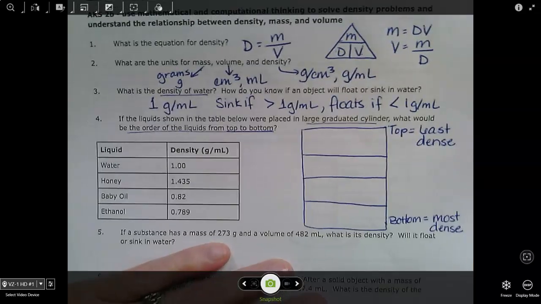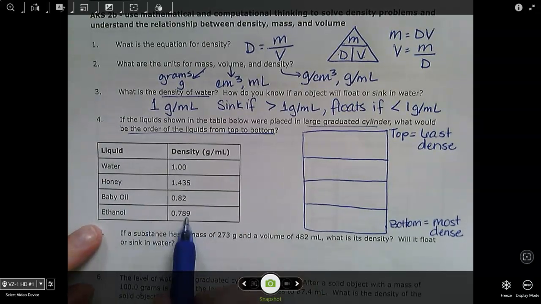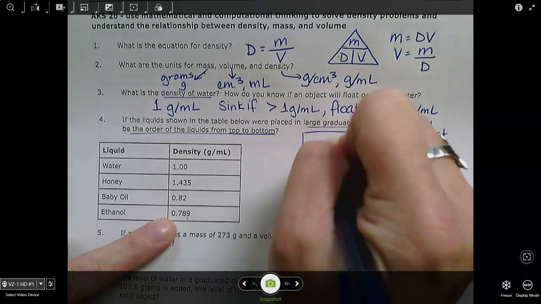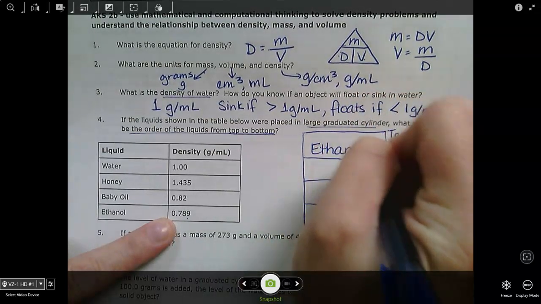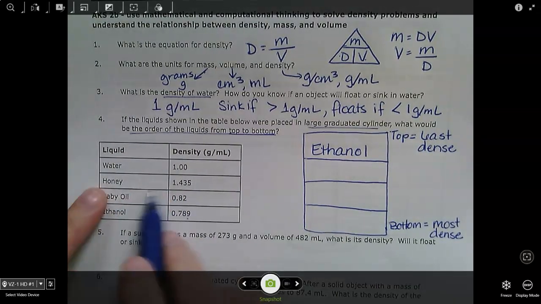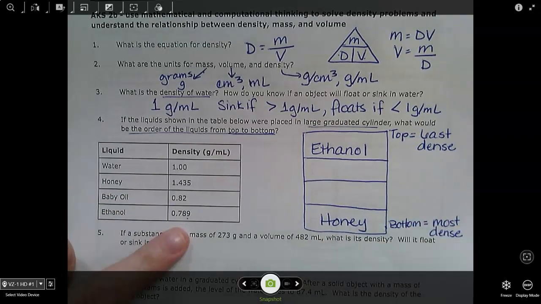So looking at the densities, the least dense is the ethanol at 0.789. So it's going to be at the very top. The most dense is 1.435. That's the honey. So it's going to be at the very bottom. And then I'm going to order everything between 0.789 and 1.435.